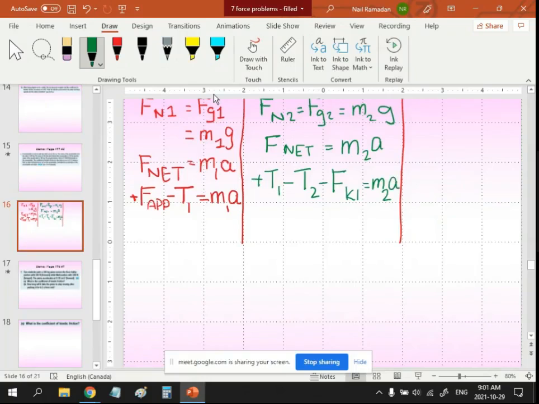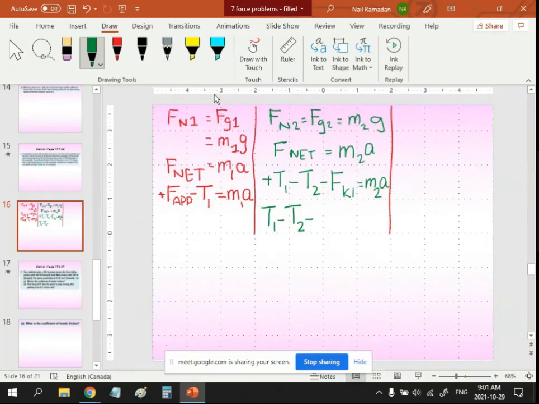Which one of those three forces can you break down into even more? Like, do you have an equation for it? FK1. So this becomes T1 minus T2 minus. What's the equation for FK? Two things multiply. Mu K times Fn. And what's Fn?